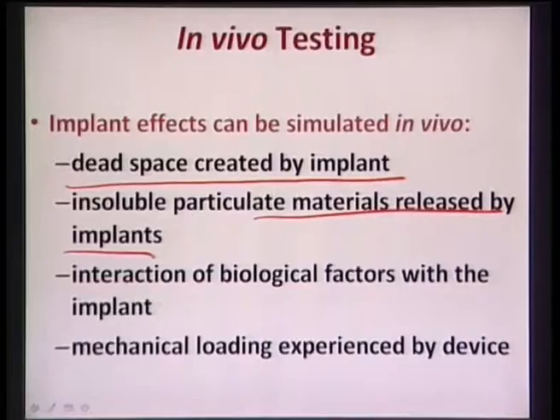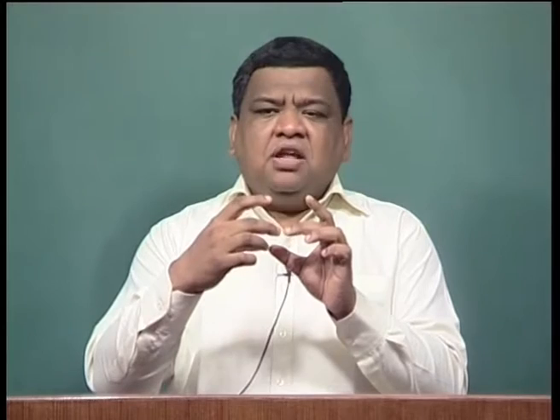The first one is the dead space created by the implant. Suppose you have a very long bone, you cut some pieces of the bone, and then you put in your implant. Dead space means that if the interface, the space between the implant and the natural bone, is not uniform or continuous, then there will be some dead space where there is neither material nor natural tissue.